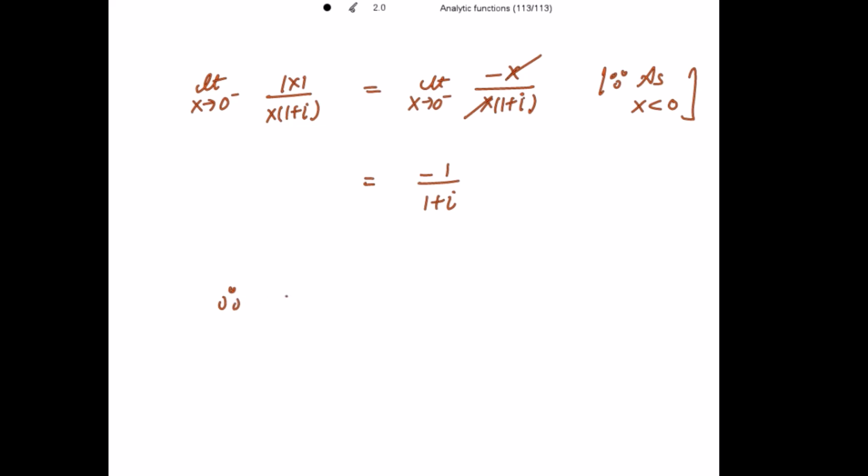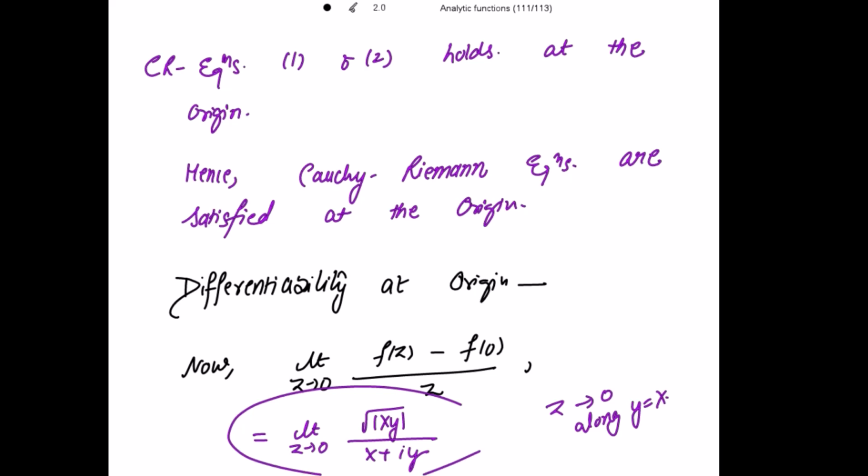Therefore limit x tending to 0 of mod x divided by x into 1 plus iota does not exist, which means this limit does not exist. And this is nothing but the definition for the differentiability of the function at the origin.